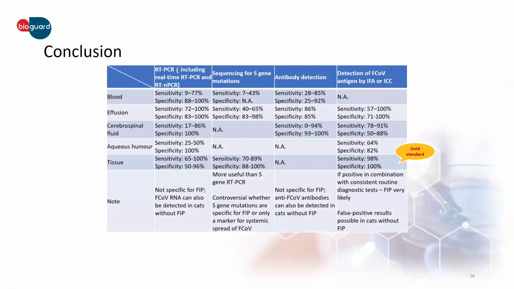In conclusion, the diagnosis for FIP includes RT-PCR, sequencing for S gene mutation, antibody detection, and detection of FCoV by immunofluorescence or immunohistochemistry, using different samples. Let's use a table to summarize the previous studies about the sensitivity and specificity for different tests using different tissue.